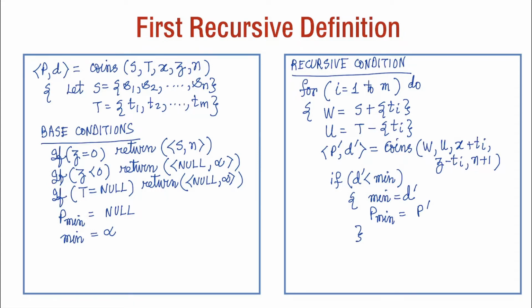This comes out of this loop, and we return P min and min.